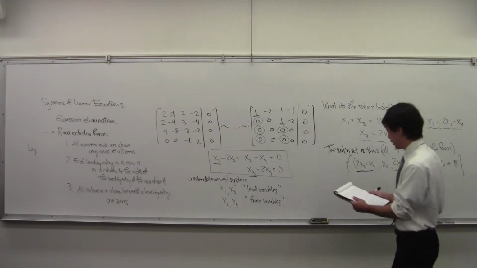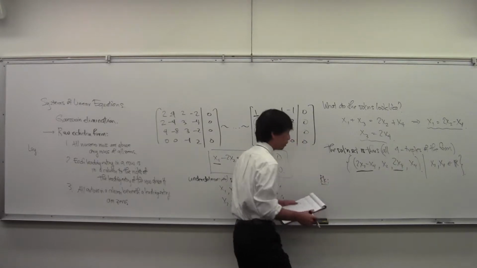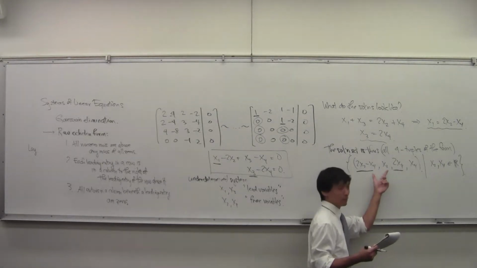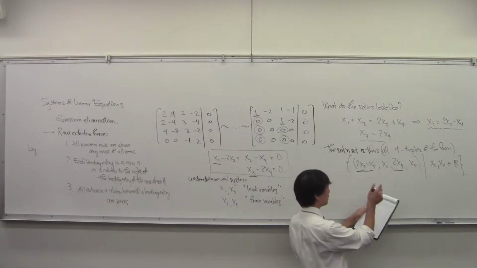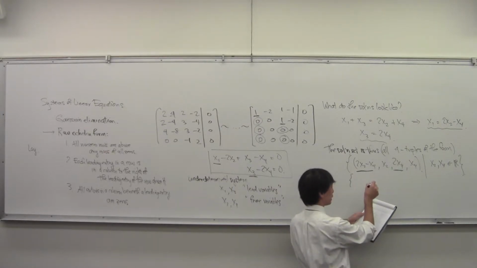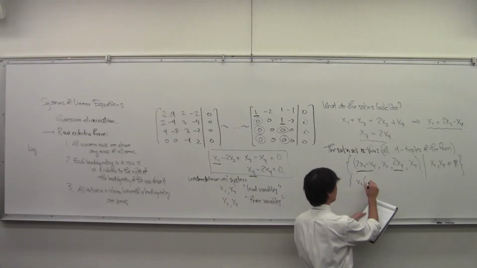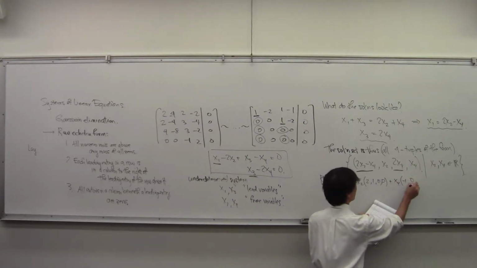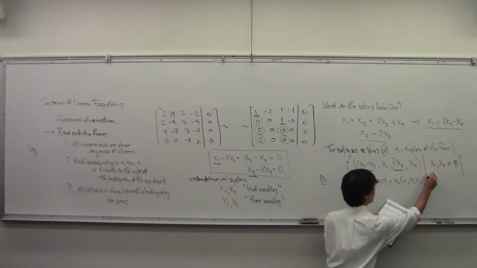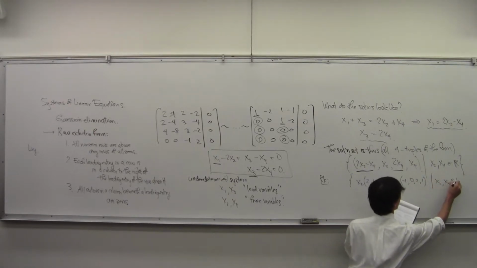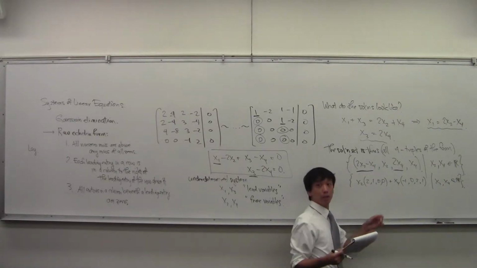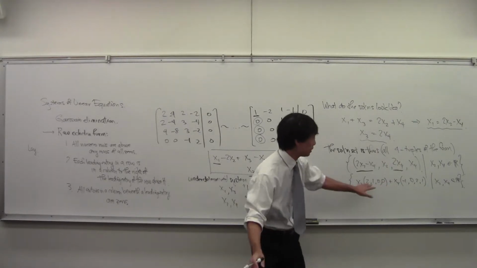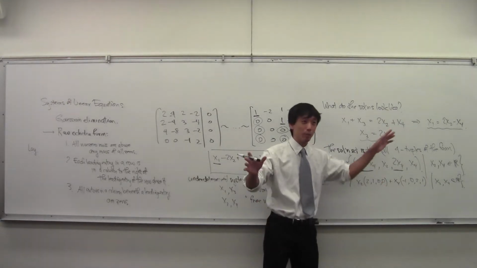If you think about it geometrically, and we'll make this clearer later, you can express this vector as x2 times (2, 1, 0, 0) plus x4 times (-1, 0, 2, 1), where x2 and x4 are in R. That is, you're taking these two vectors in four-dimensional space, multiplying by numbers, and combining them together.